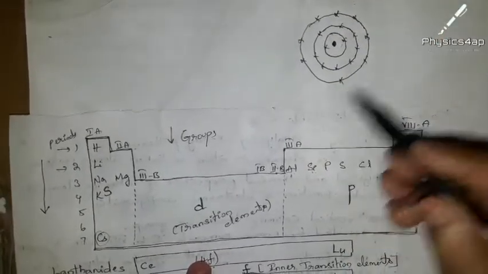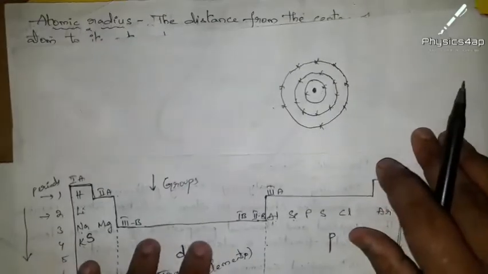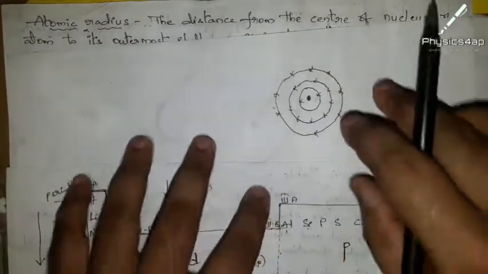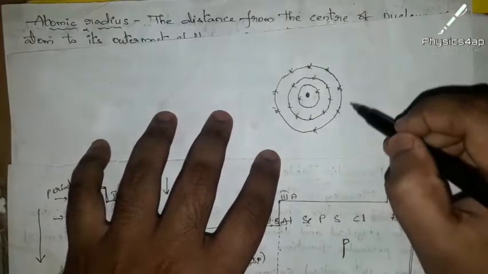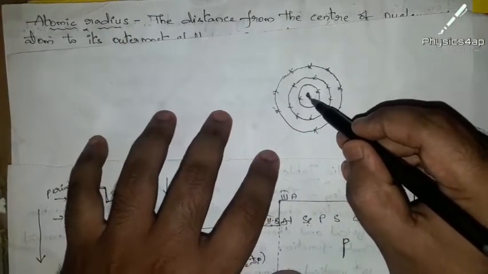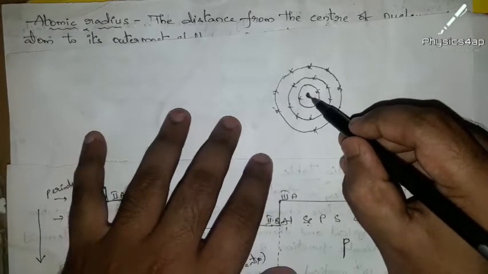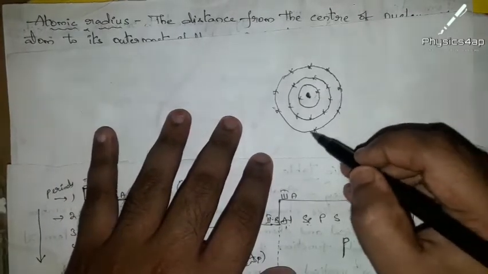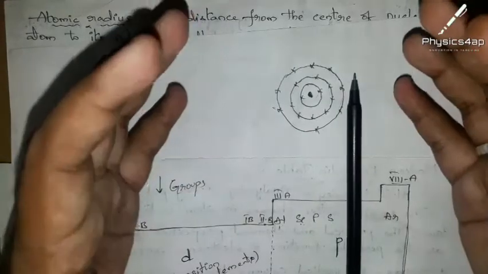What you need to imagine is that as the number of electrons increases, the nuclear force of attraction between the nucleus and the electrons in the outermost orbit increases, and the size gets decreased.